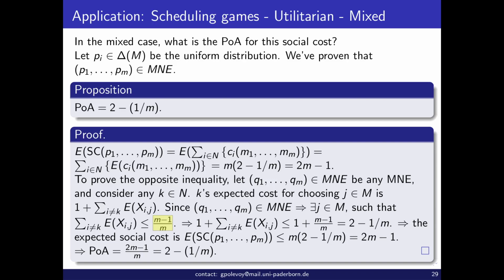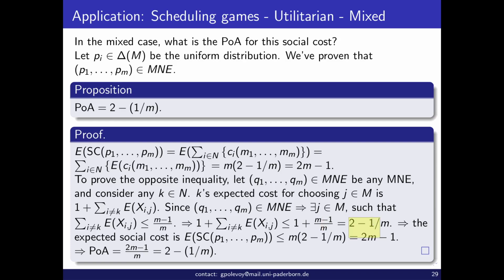Since that is a mixed Nash equilibrium, the player optimizes, so the player pays at most 1 plus this m minus 1 over m, which is 2 minus 1 over m.